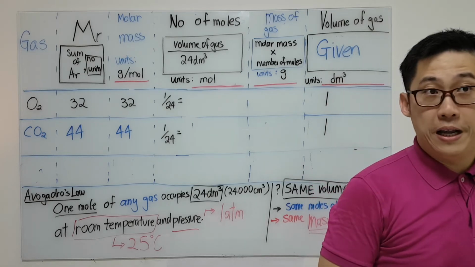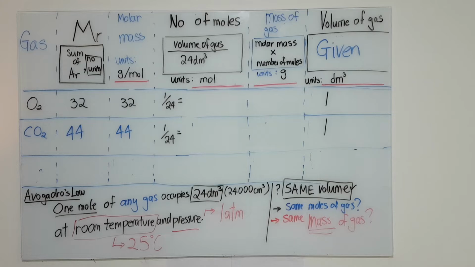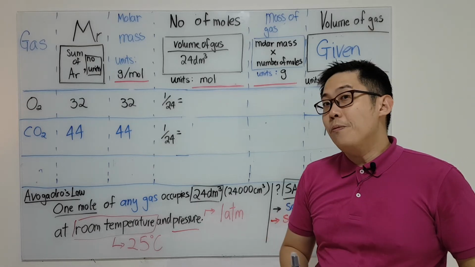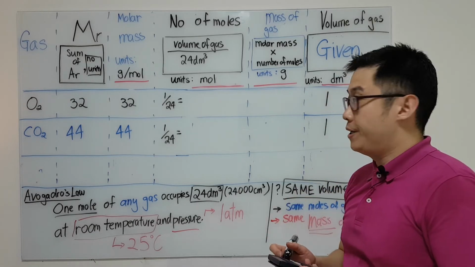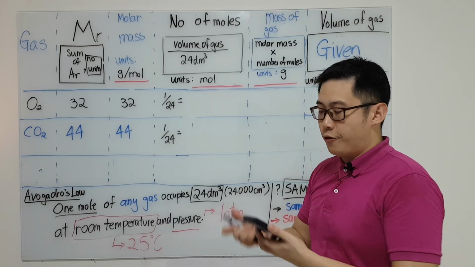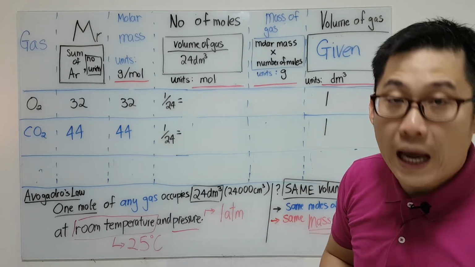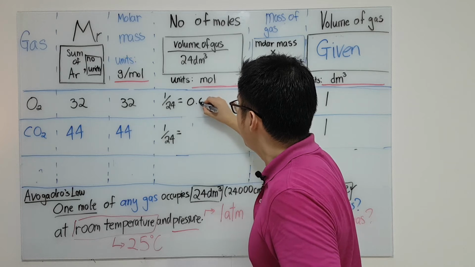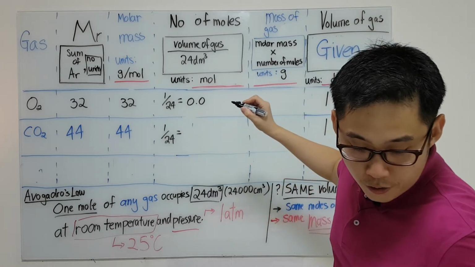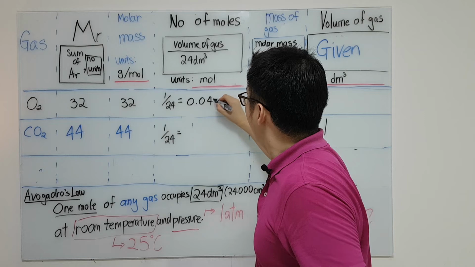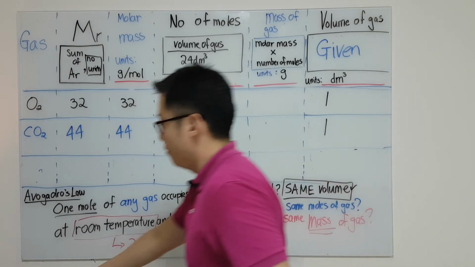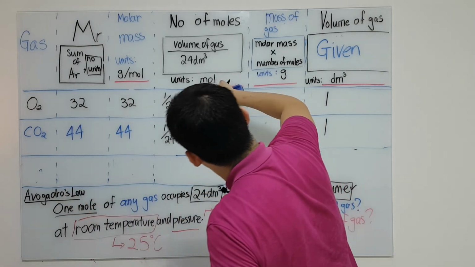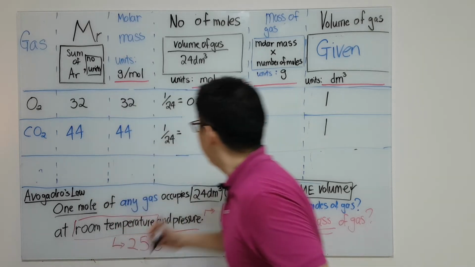Allow me to press the calculator to find this out. So 1 divided by 24, after pressing the calculator and leaving my answer to 3 significant figures, will be 0.0417.